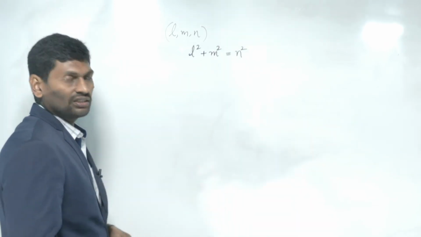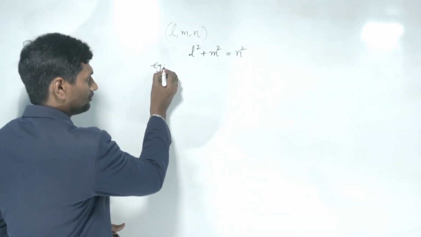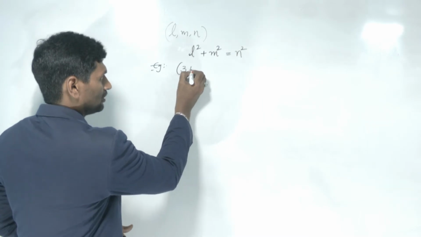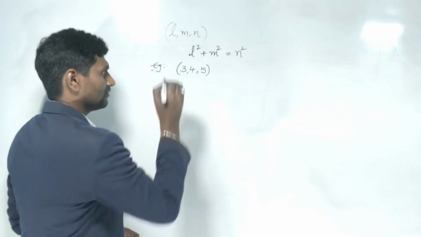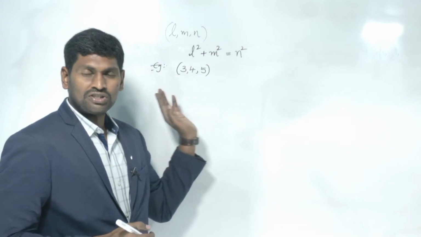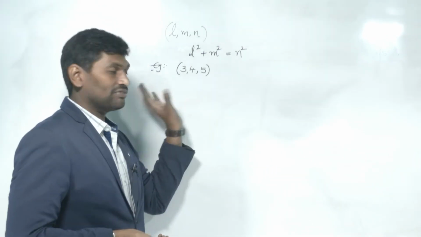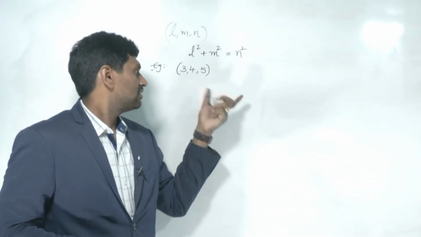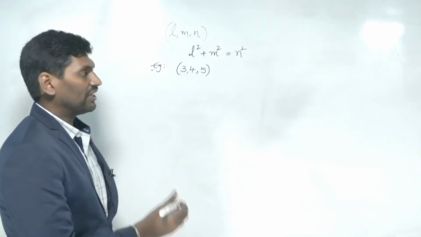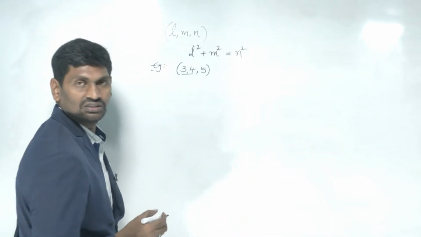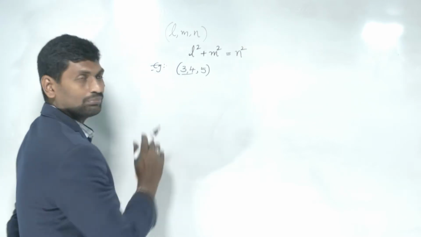Let us see one example. 3, 4, 5. It need not always be consecutive numbers. I know one Pythagorean triplet, so I am taking this. First number 3, second number 4.